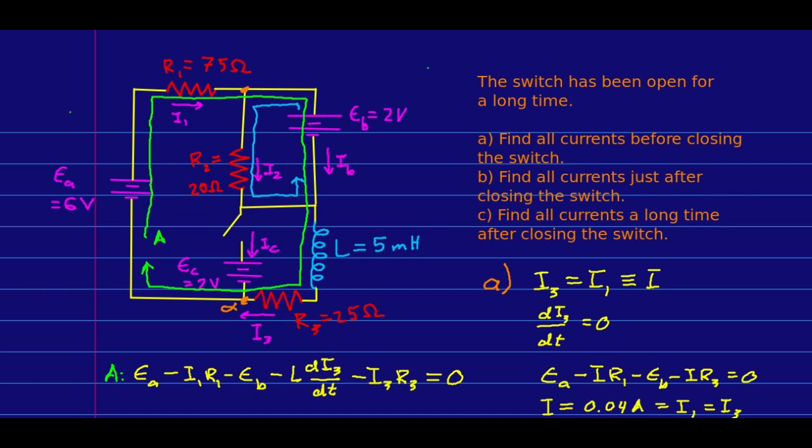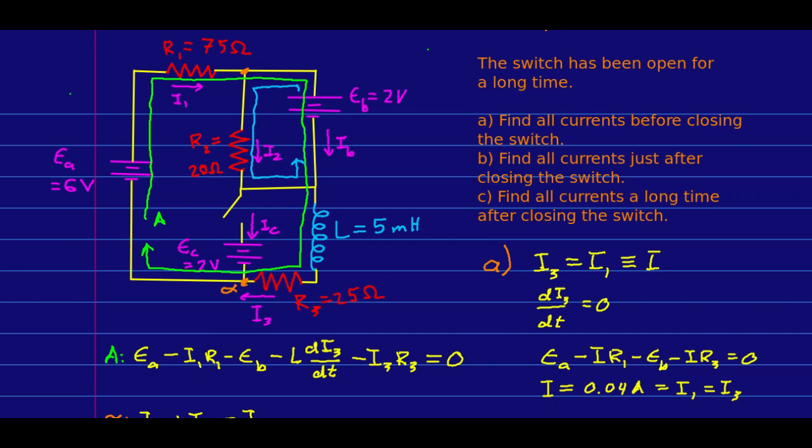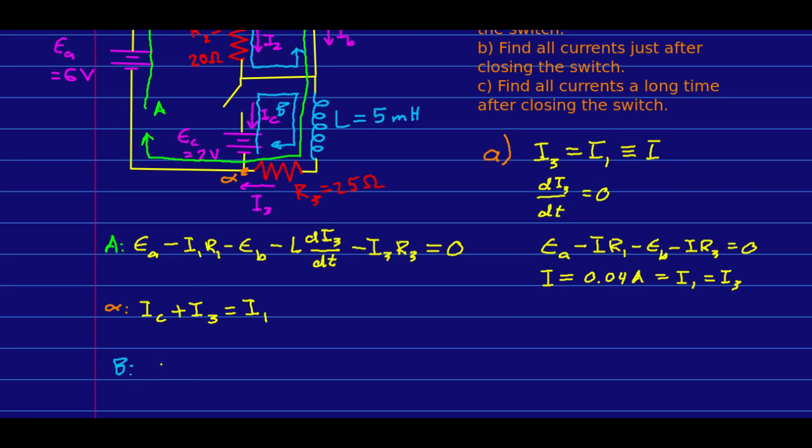So now let's find everything just after closing the switch. And a useful loop to think about will now be this one, which I will call B. And in particular, what I know just after closing the switch is that I3, which is the current through this inductor, will not have changed.